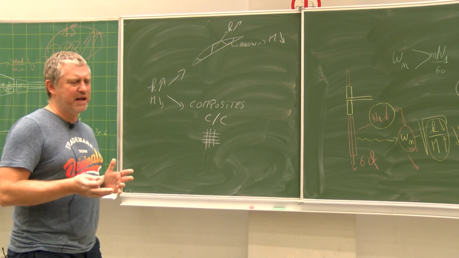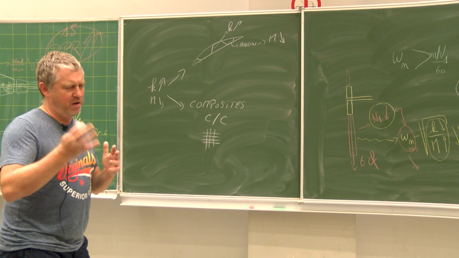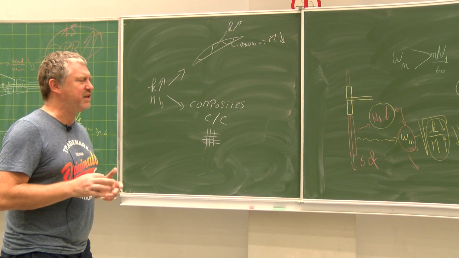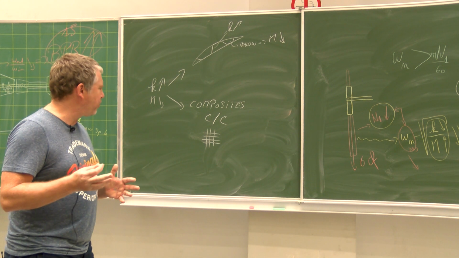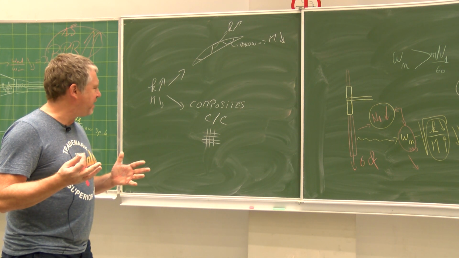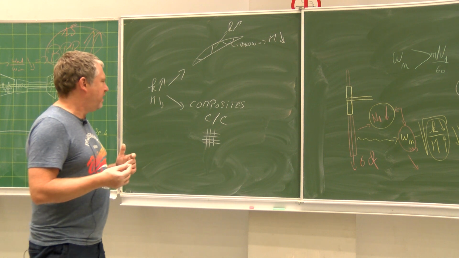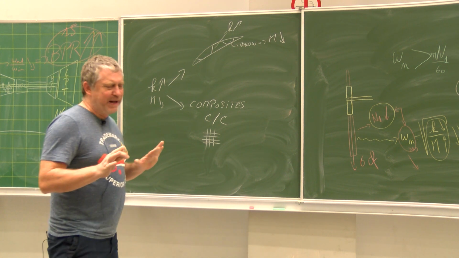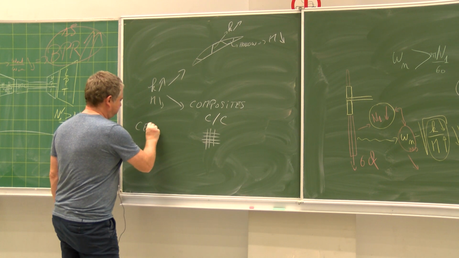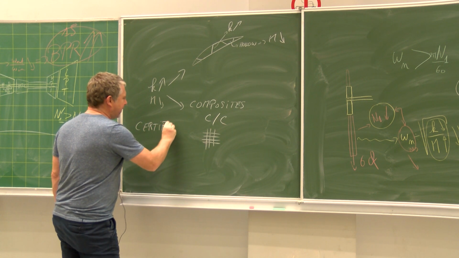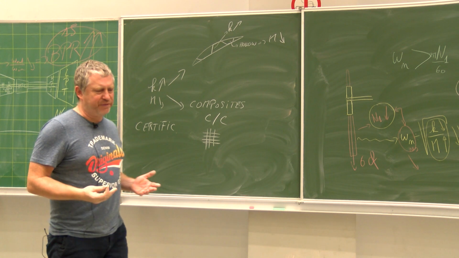There will be a video that will be shown to you. We will organize to show this video on YouTube also. It's not a video that we have made ourselves, but we are not really discussing in this course the problem of certification of aircraft engines.